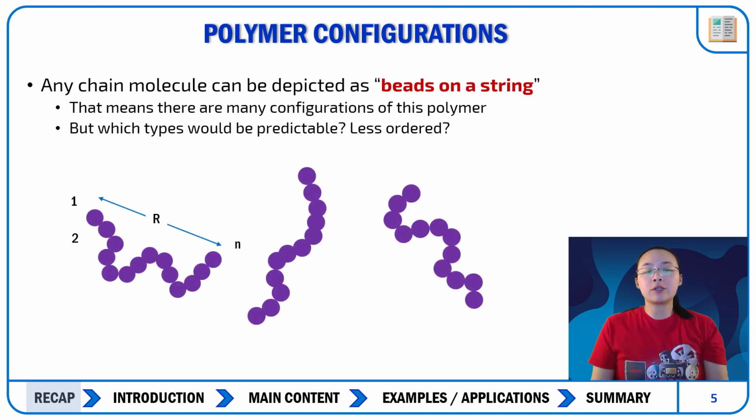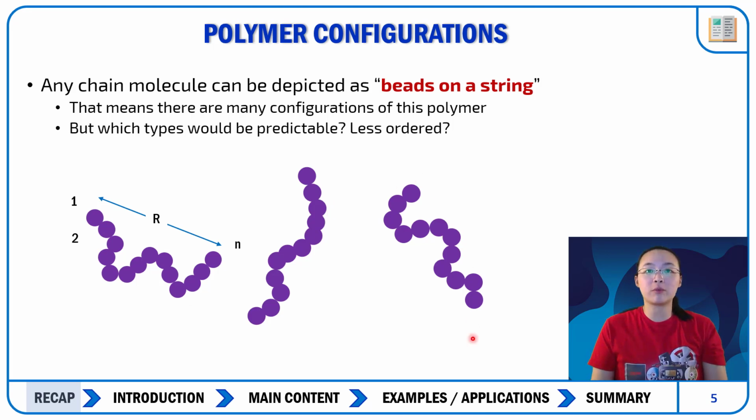So last lecture, apart from looking at the equation for entropy, we also looked at how polymers could be considered beads on a string. If we have 14 beads, so there would be 14 of these here, we can ask ourselves, how many possible ways would we be able to arrange these 14 beads? Right now we can arrange them like this, like that, or like this.